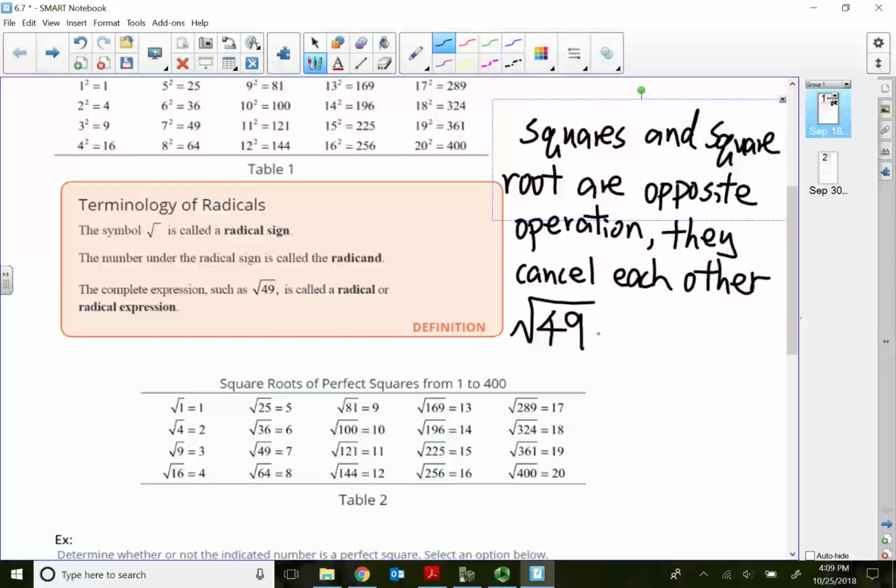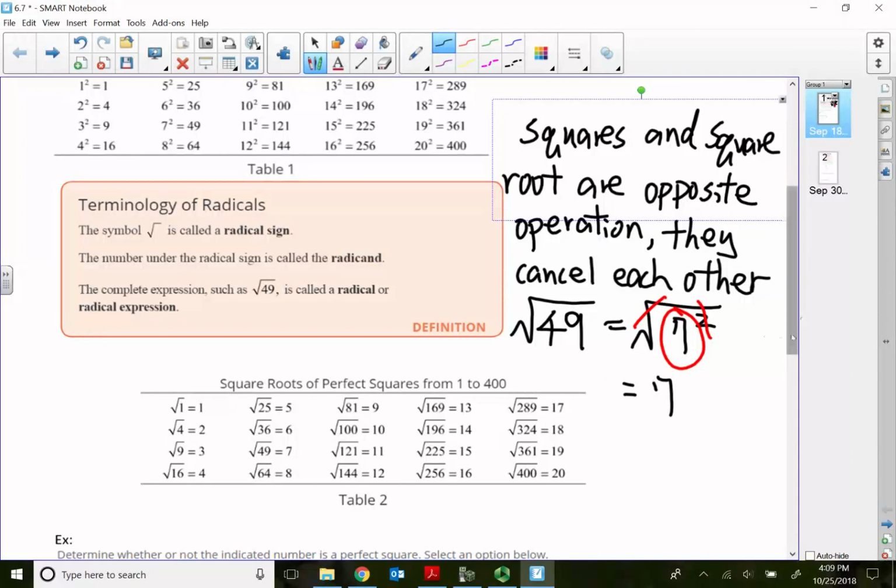What I mean by they cancel each other is that 49 can be rewritten as 7 squared. Since square and square root are opposite operations, they cancel each other out, so the only thing I have left is simply 7. This is one way you can look at it.